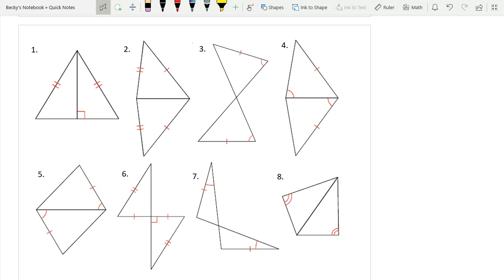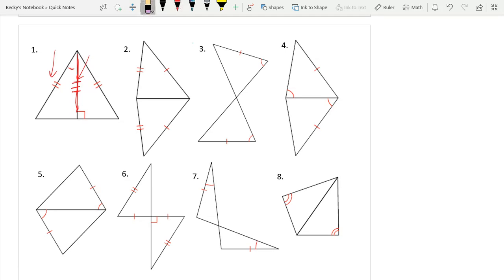Okay, so hopefully you have all of these completed. Now we need 3 pieces of information. We have 5 choices. Whenever they share a side, we know that is reflexive. So again, I always put a finger on the thing I have 2 of. I have 2 sides. Is the angle in between?